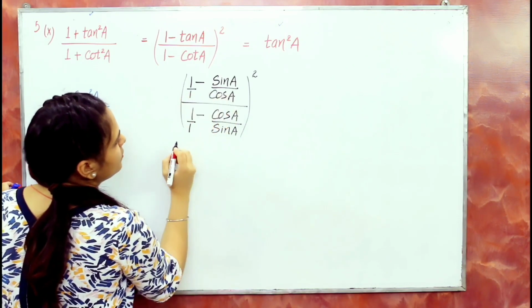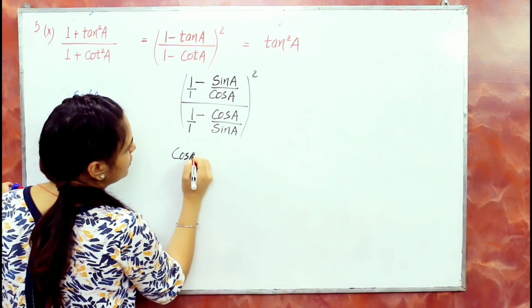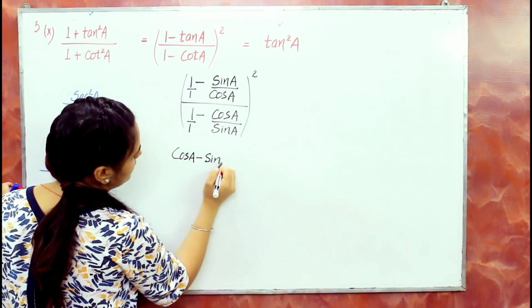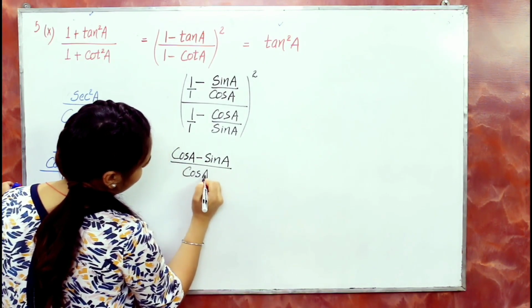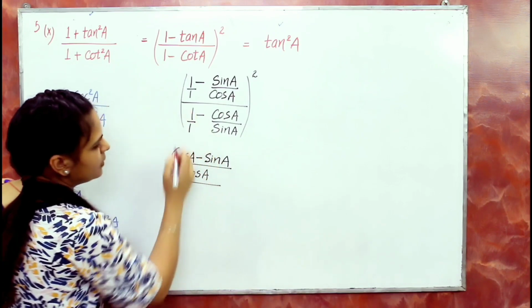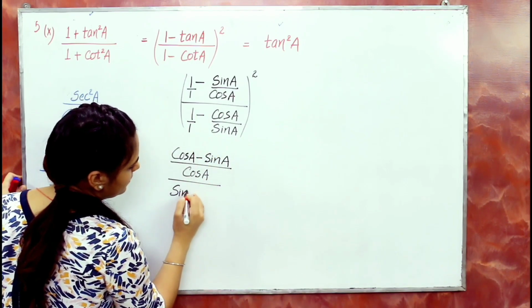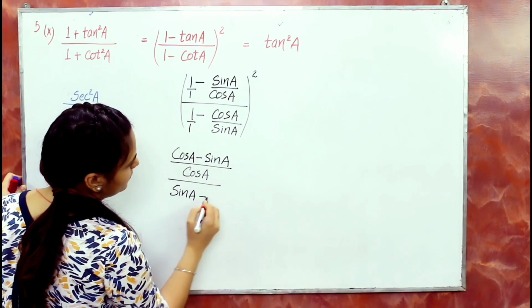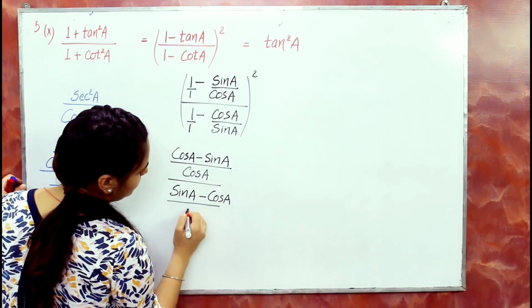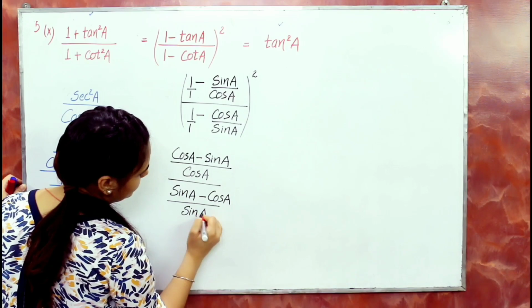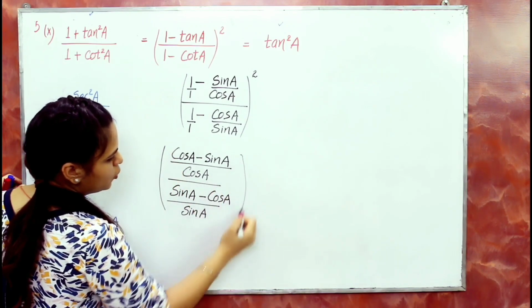So our numerators will be cos A minus sin A upon cos A, and here you will get sin A minus cos A upon sin A, and that's in whole square.